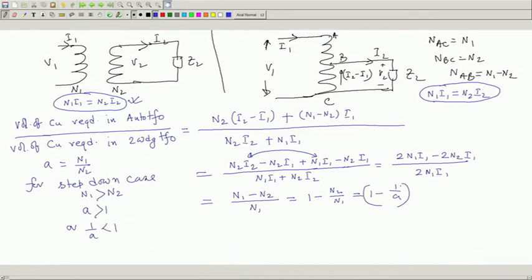Is not, this 1 by A will be a number which is less than 1, fraction. So, suppose I say that A is that is N1 by N2, suppose I say that N1 by N2 is equal to say 2, suppose I say.